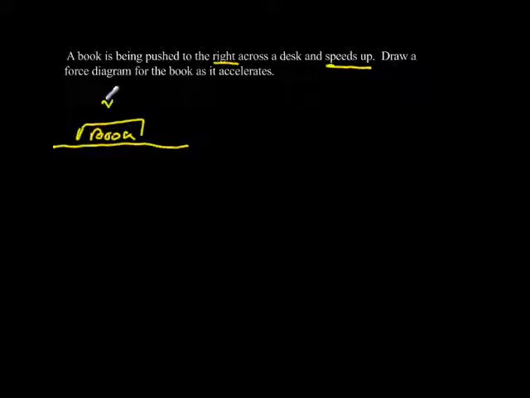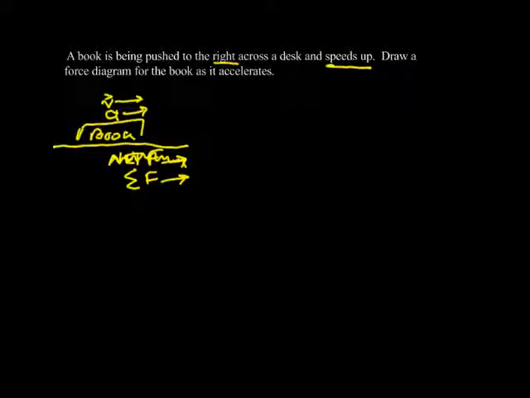It has a velocity in this direction, and it is speeding up, so that means my acceleration has to be in the same direction. And if that's in that direction, that means my net force is also in that direction. I'm going to start using this for net force. These two are the same thing, so we'll get rid of that one. My net force is also in that direction.